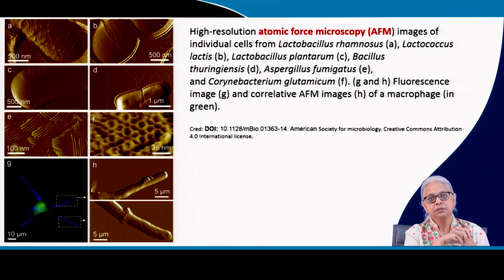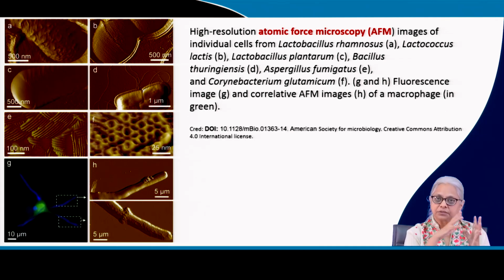Now, it's important for me to say something over here: if you have a pure culture which has been defined as a pure culture either based on plate counts or biochemical testing and so on, then you can use these pure cultures and follow it up with atomic force or scanned probe microscopy, and then get an idea of what the individual cells of that particular species look like.